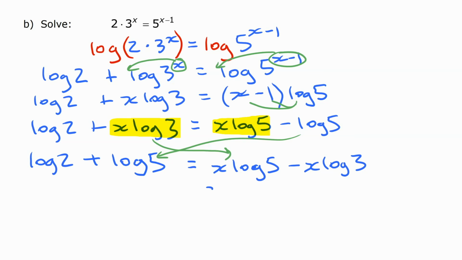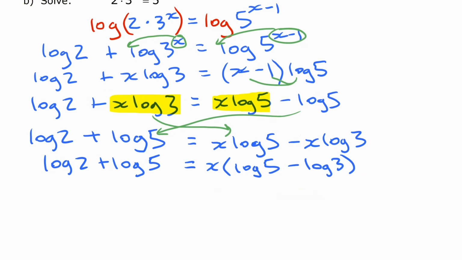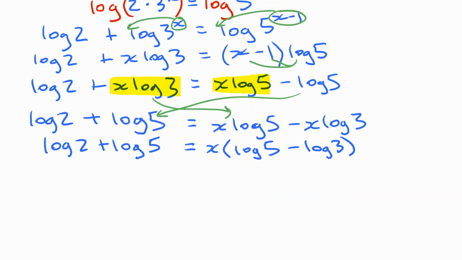I'm going to factor out this x like I did in the previous one. So I have x times (log 5 minus log 3), and that's equal to this, log 2 plus log 5. And I can divide both sides by this to get the x by itself.